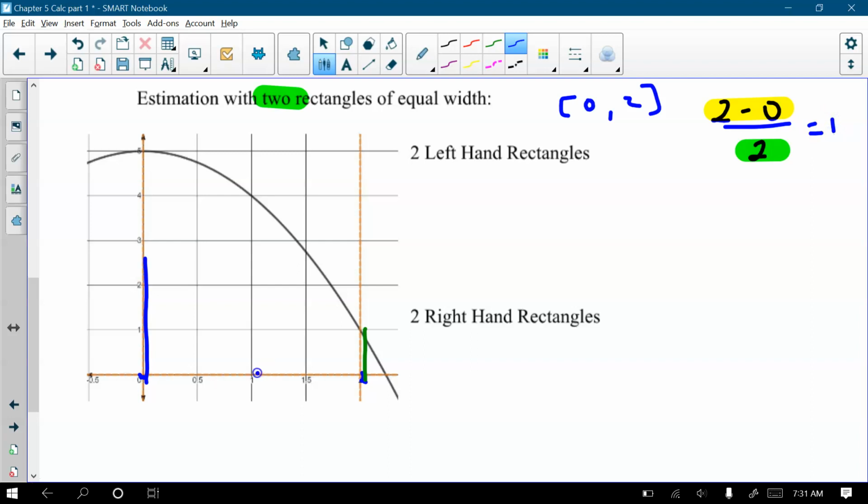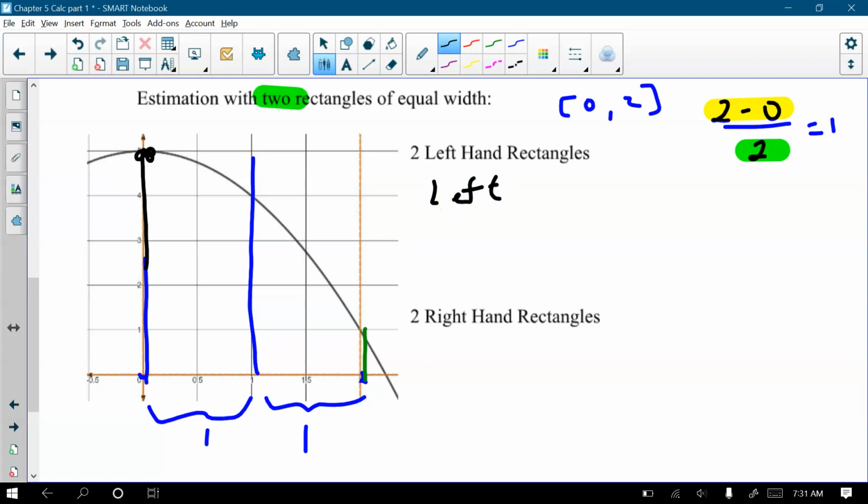So I'm going to draw one at 1, because this is a length of 1, and from 1 to 2 is a length of 1. And I'm covering the entire interval. Now to do a left-hand rectangle, I start again at the left corner. Notice the left-hand rectangles are at the left corner. That's worth jotting down: left corner is where you want to start. Draw out and stop at that first interval.